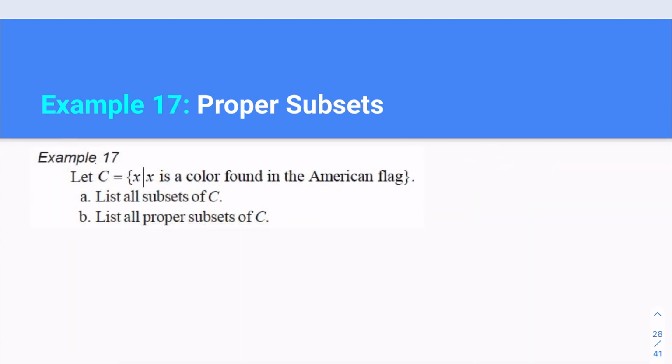Great job. In example 17, we have let C equal all X such that X is the color found in the American flag. So those colors are red, white, and blue. So we can actually write it like this: red, white, and blue. So there's going to be 2 to the third equals 8 subsets.